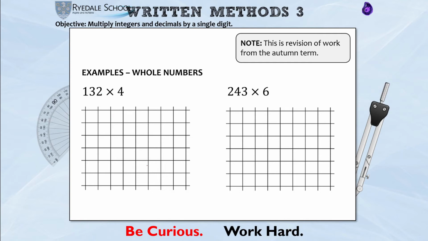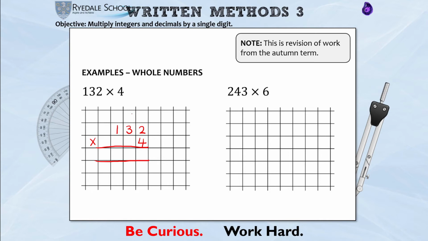So 132 times 4: we set it out with place value, 132 multiplied by 4. This part you could do with your pencil and your ruler. It will look a lot tidier.